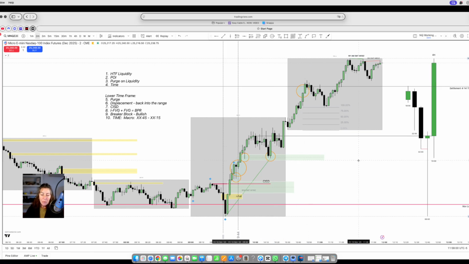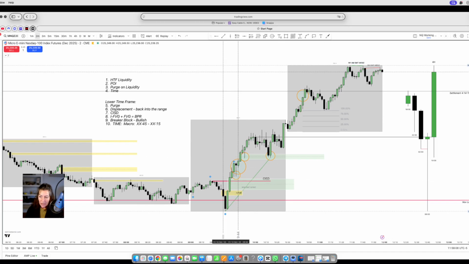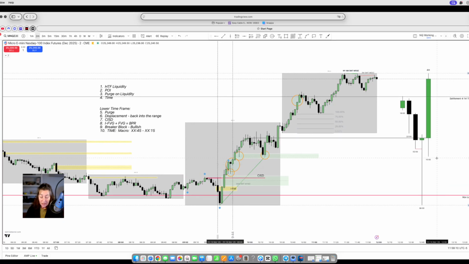Now, some of you may say, well, Louisa, how do I know to enter in this fair value gap rather than this fair value gap? Well, it's a valid question, and really we don't know. However, when IPDA is in a state that it wants to get somewhere quickly, you're going to see long, strong candles.